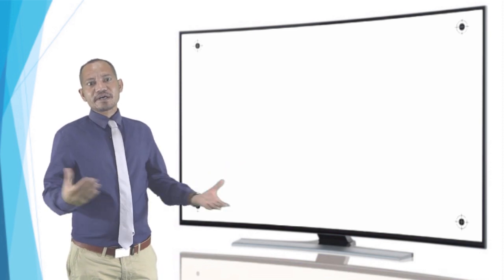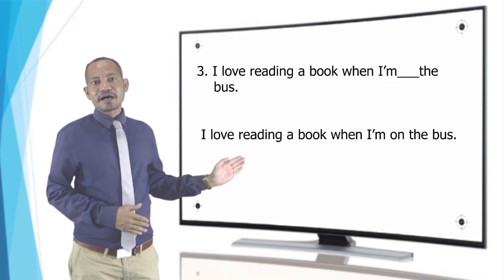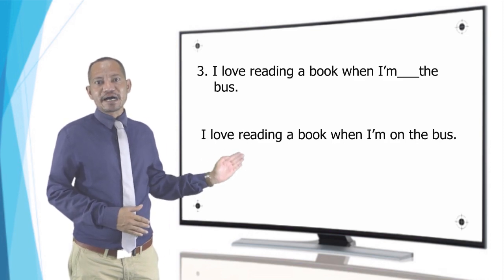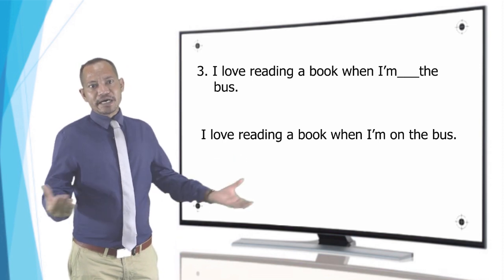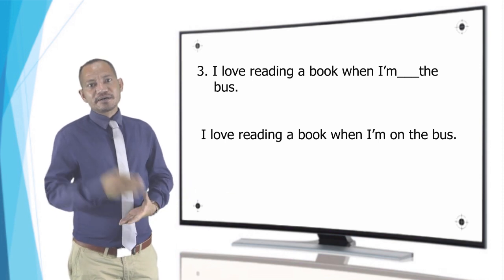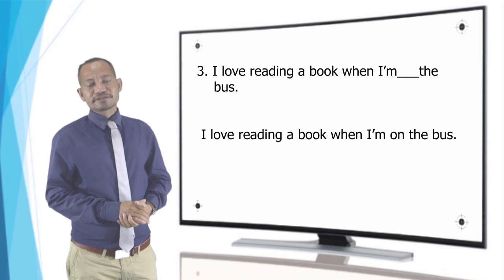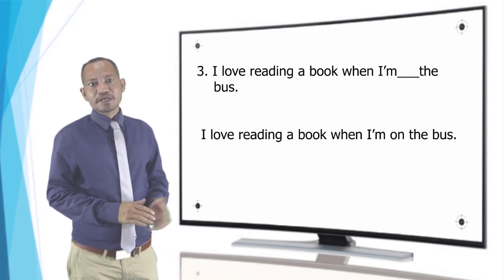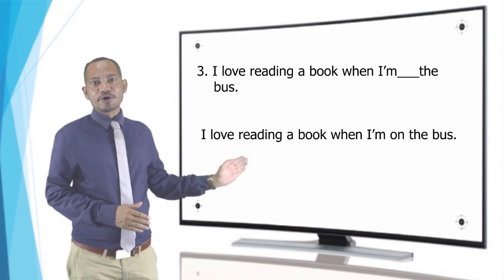Alright. Now it's exercise number 3. I love reading a book when I'm blank the bus. Now, is it on the bus, above the bus, or is it below the bus? It is on the bus, of course. Good. So, I love reading a book when I'm on the bus.